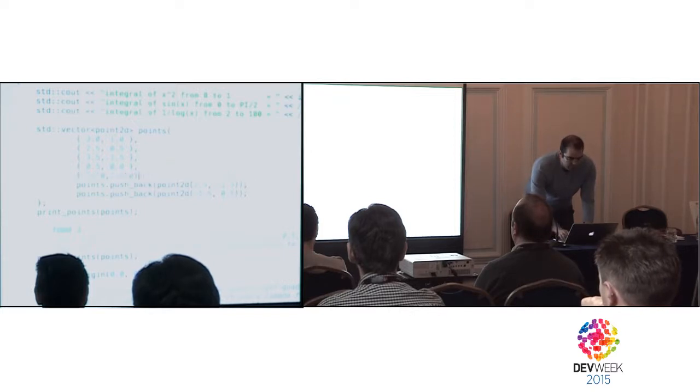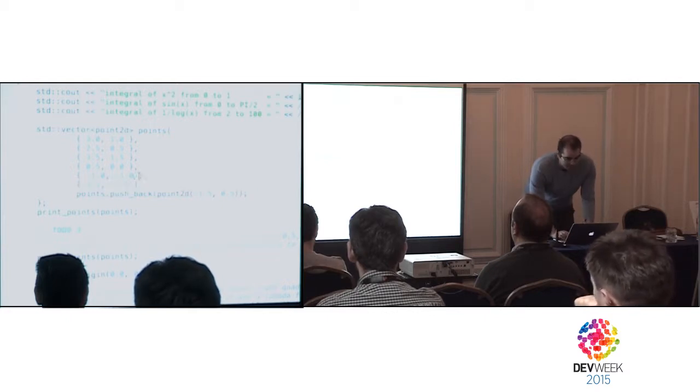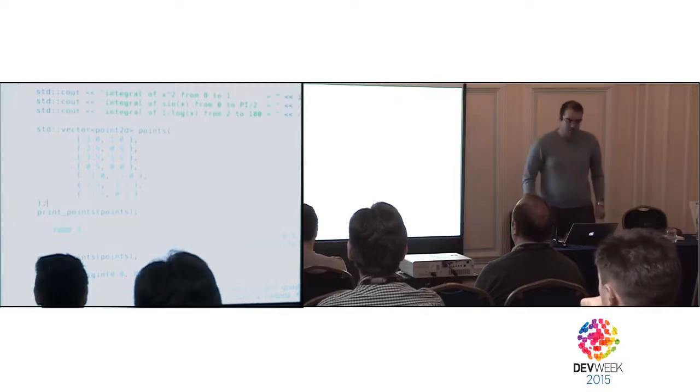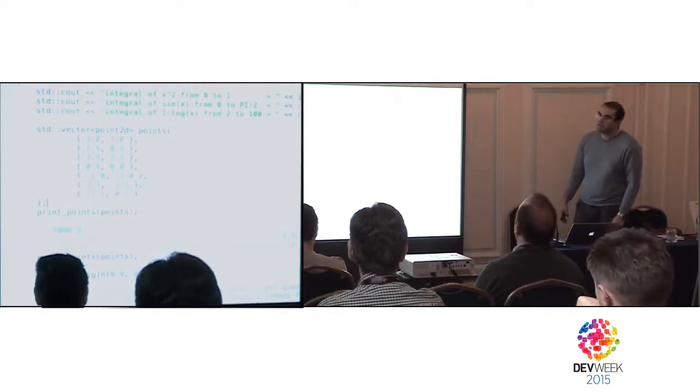Okay, so just a couple more to go. And this one here. And there has to be a space. I mean, there doesn't have to be a space, but I really like there to be a space. And a comma over here. Okay, so this is much nicer, I think.